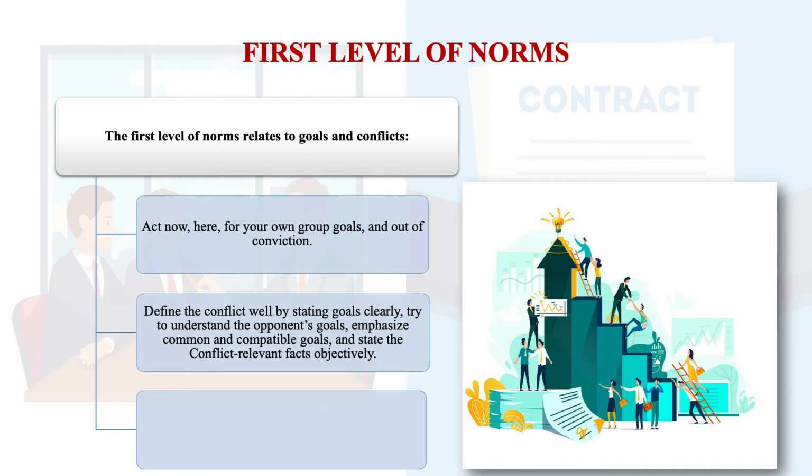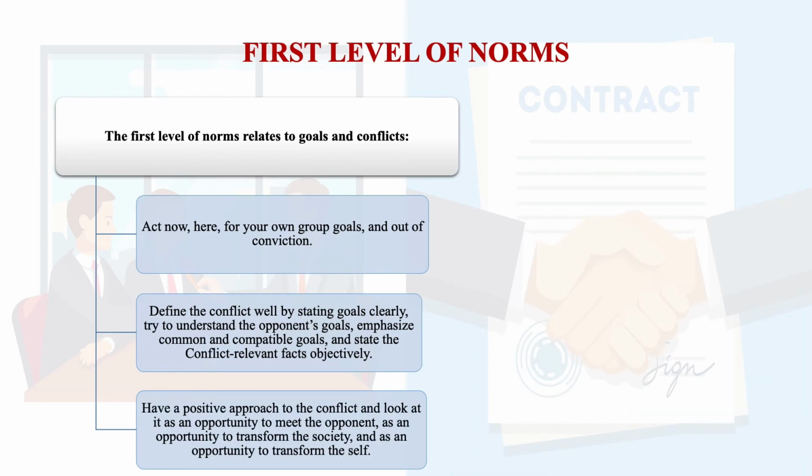Try to understand the opponent's goals, emphasize common and compatible goals, and state the conflict-relevant facts objectively. Have a positive approach to the conflict and look at it as an opportunity to meet the opponent, as an opportunity to transform the society, and as an opportunity to transform the self.